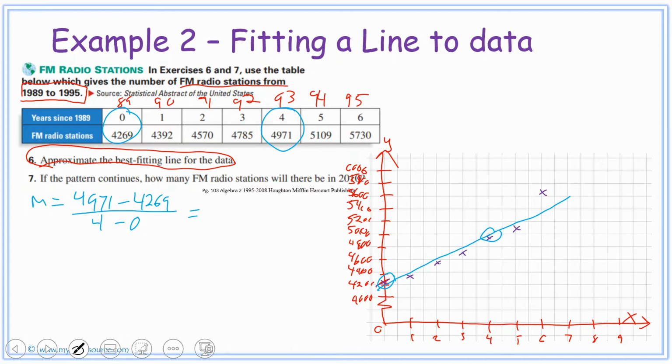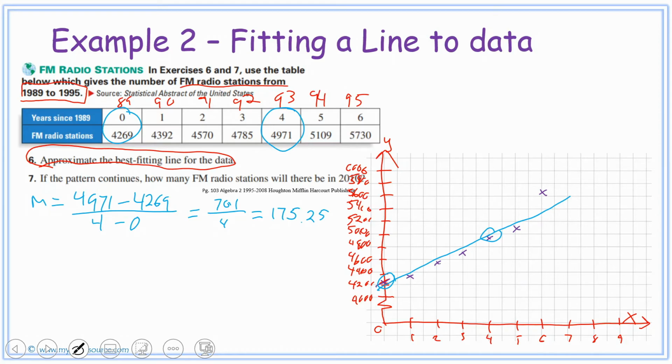Okay, so we can work those out. You can use a calculator. You could do that in your head. So we have 4,971 subtract 4,269. And that's going to give us 701 divided by 4. 701 divided by 4 is going to give us, well, equal answer, 175 and 25 hundredths. All right, so that's our slope.